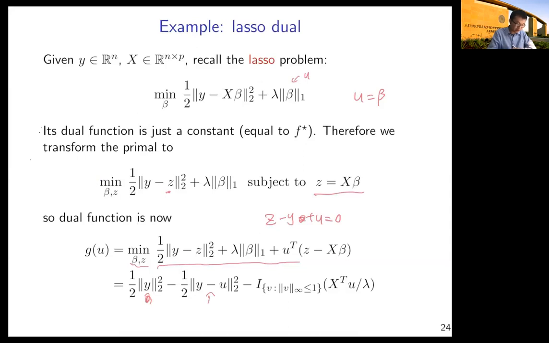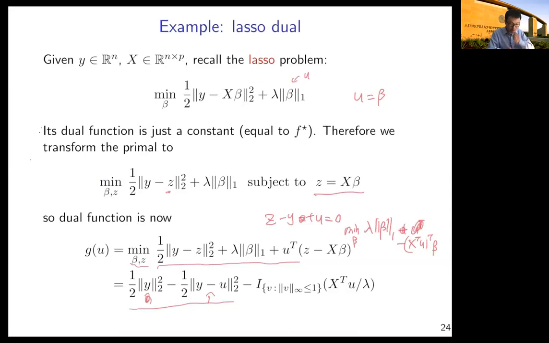Then we can also take the subgradient with respect to beta and find the corresponding parameter of beta. Notice that the terms associated with beta are only lambda times the one norm of beta plus a linear term in beta, which is x transpose u transpose beta, and we want to minimize over beta.